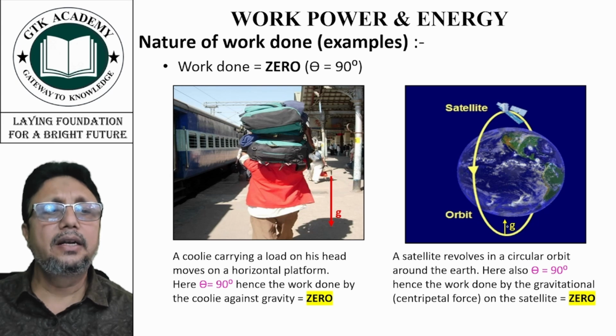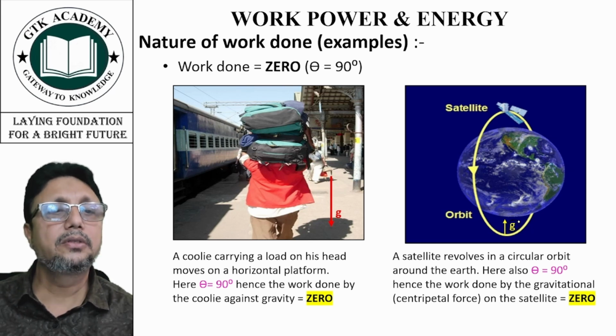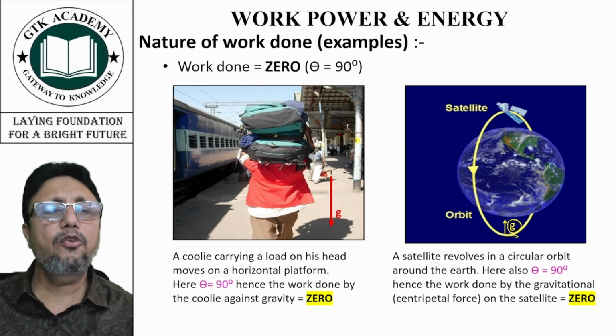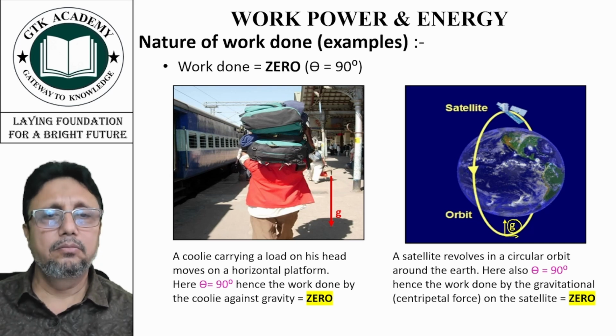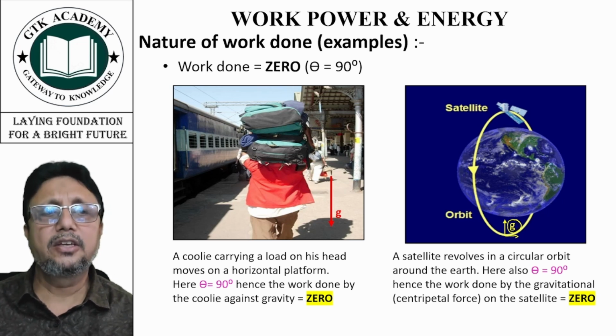So you can see that at any point, the direction of force, let me highlight in yellow, is perpendicular to the direction of displacement. The direction of force is continuously changing, and the direction of displacement also, because the body is not moving in a straight line, it is moving in a circle, and at every point the direction of force is perpendicular to the direction of displacement.